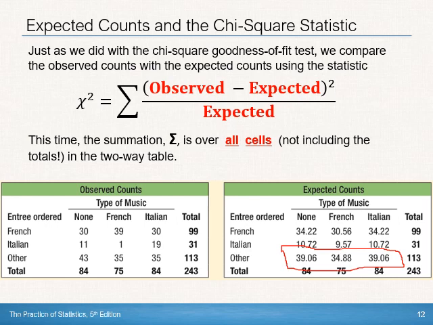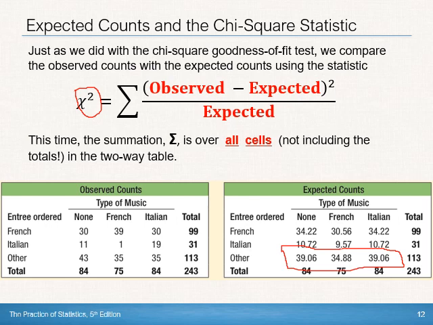Okay, so now once we have our 9 observed values and our 9 expected values, we can calculate the chi-squared statistic value, and it looks a lot like what we did for goodness of fit, except that for goodness of fit it was in a one-way table. Here we've got a two-way table. So we have to calculate this for all 9 cells.